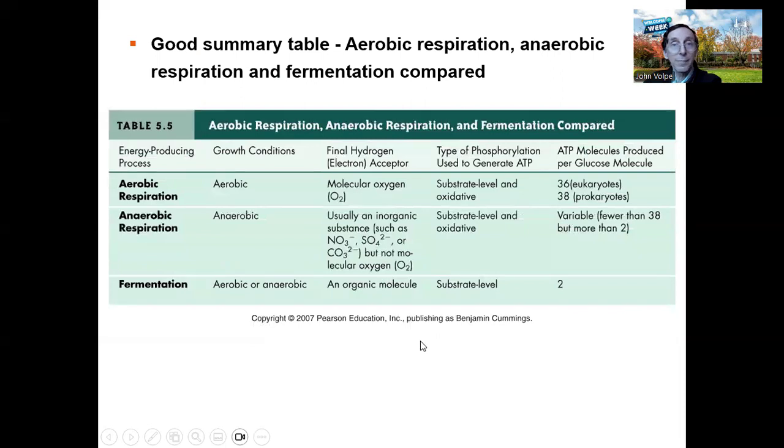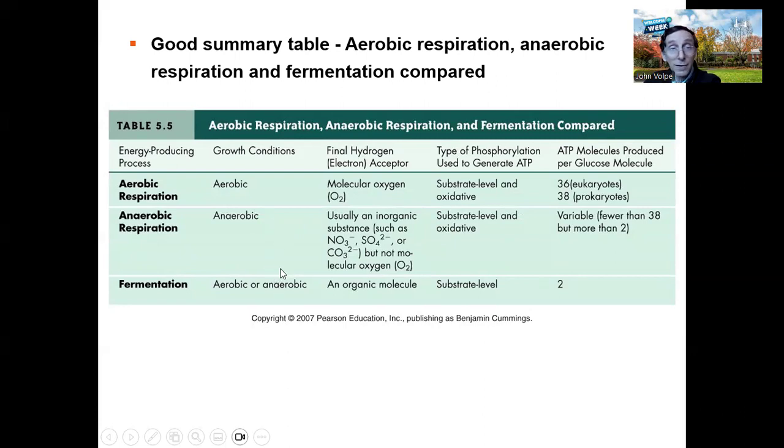All right, this is a summary of aerobic respiration, anaerobic respiration, and fermentation. Aerobic respiration happens aerobically in the presence of oxygen. Oxygen is required because electrons flow to the oxygen. But it differs from anaerobic respiration and fermentation.